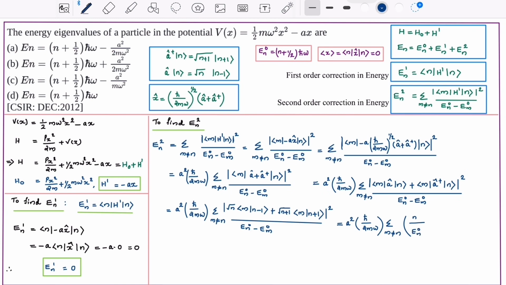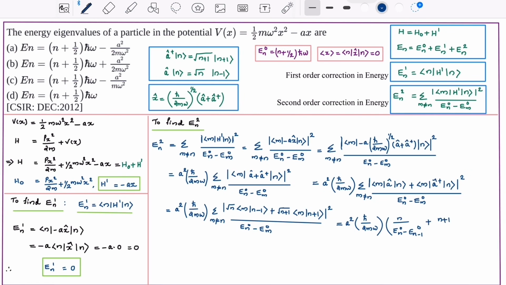There will be no m, only n will be there. Therefore no need for summation. Therefore the answer is a square h bar by 2m omega, then n divided by En0 minus E(n minus 1)0, plus n plus 1 divided by En0 minus E(n plus 1)0.